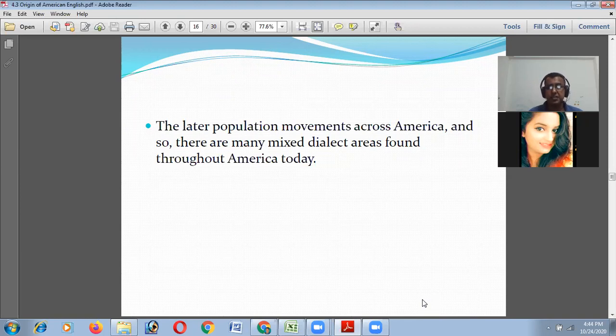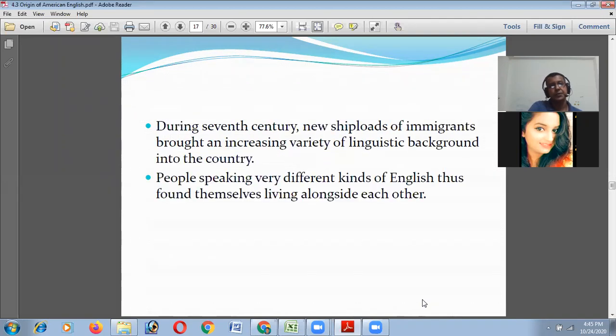The people from the UK or England went to America from different parts of the UK, and for this reason we see different linguistic patterns in American English, though they use the English language.